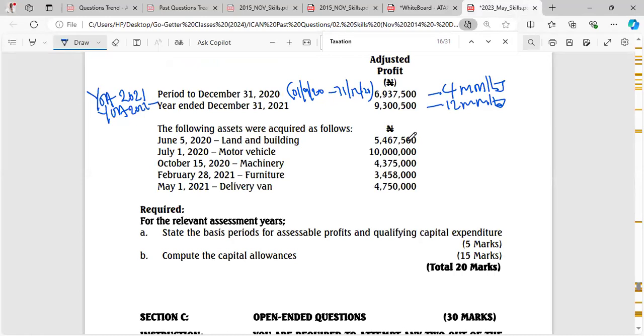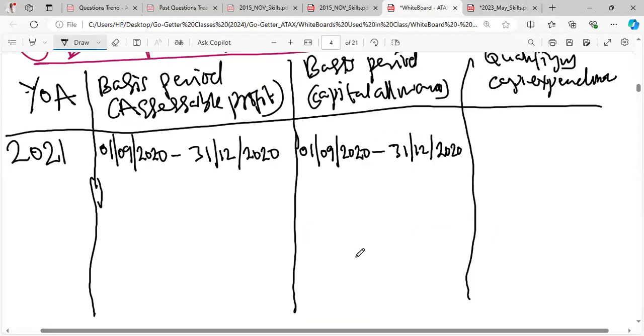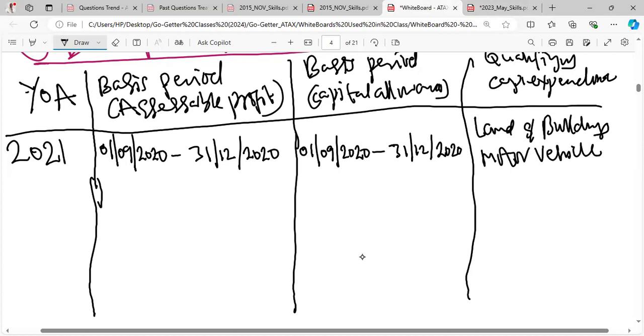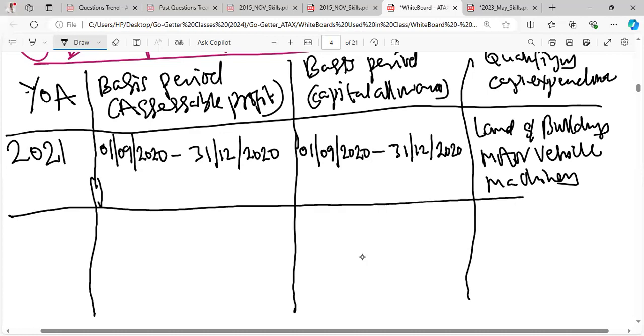We have land and building, motor vehicle, machinery. Rule the line. Then you go to 2022.